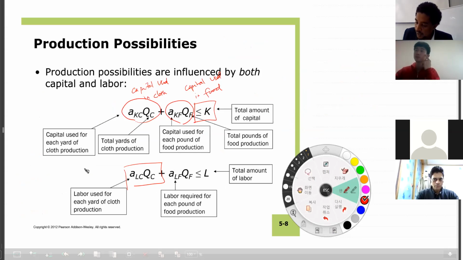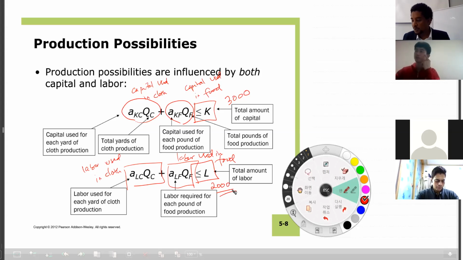So this is labor used in clothes, and this is labor used in food. The labor used in clothes and labor used in food should be less than or equal to the total labor we have, which is 3,000 for home and 2,000 for foreign.